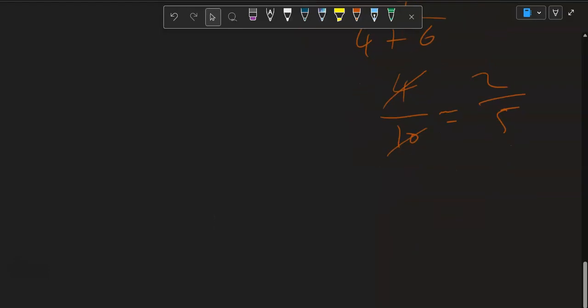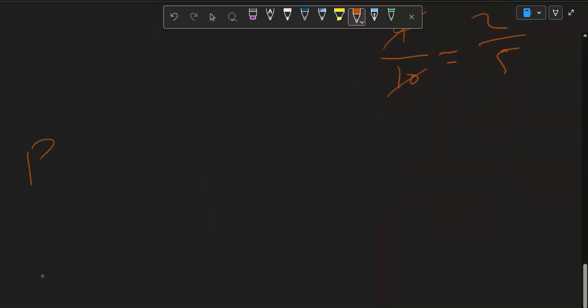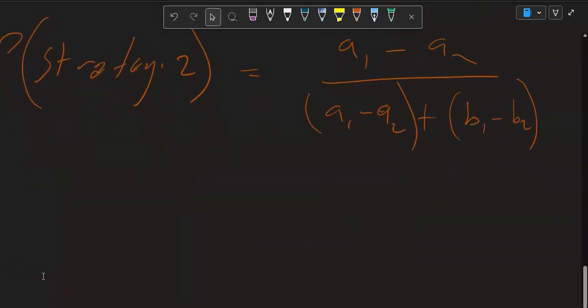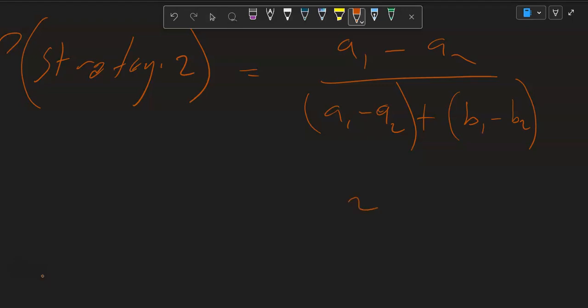What about the probability that he will not choose 1, but he will choose strategy 2? So the probability that player A will choose strategy 2. Let's put that formula down. Let us quickly get to inputting the values. We know that A1 is 2, so I can put them in brackets.